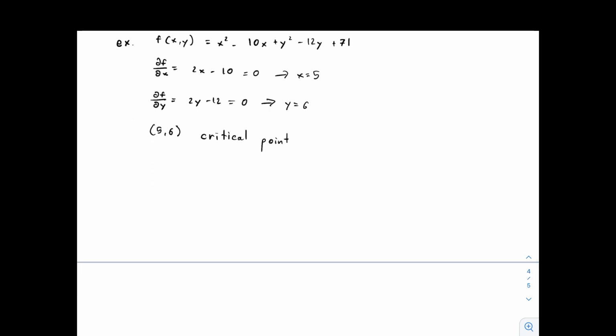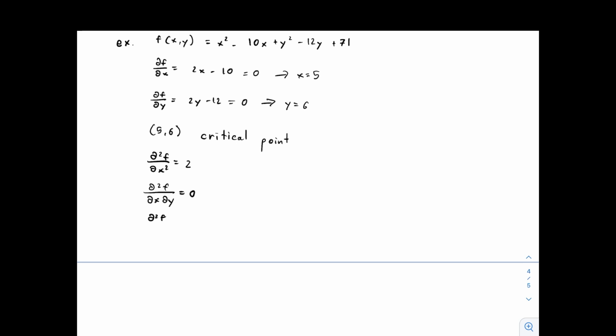And then from here, our second order partial, d squared f dx squared, is going to be 2. For d squared f dx dy, meaning take the partial derivative with respect to x of our partial derivative with respect to y, we get 0. By the equality of mixed partials, it should be the same as taking the partial derivative with respect to y of the partial derivative with respect to x, but we can double check that.